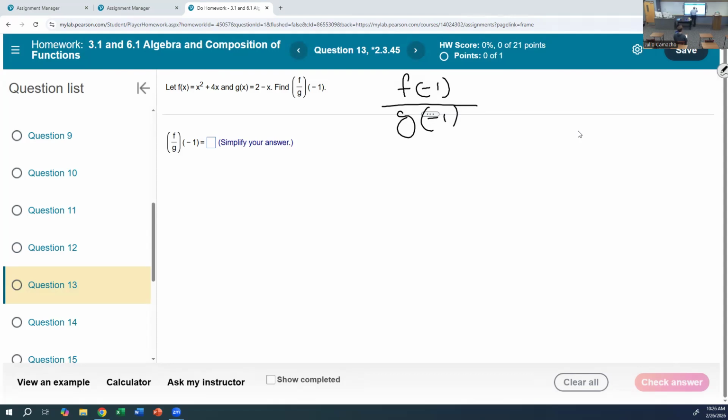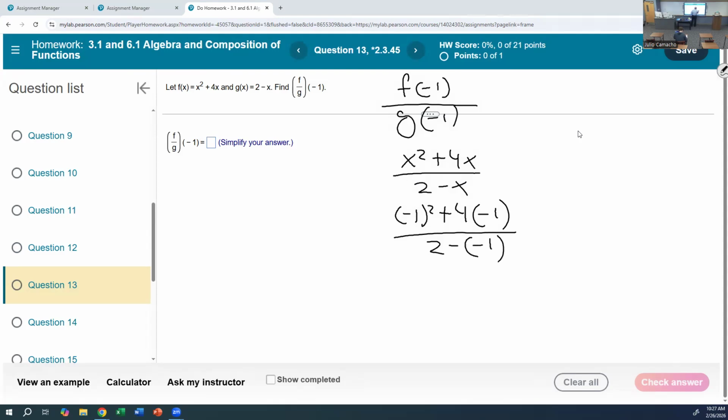So f of x is x squared plus 4x, all over 2 minus x. Replace every x by negative 1: negative 1 squared plus 4 times negative 1, all over 2 minus negative 1.